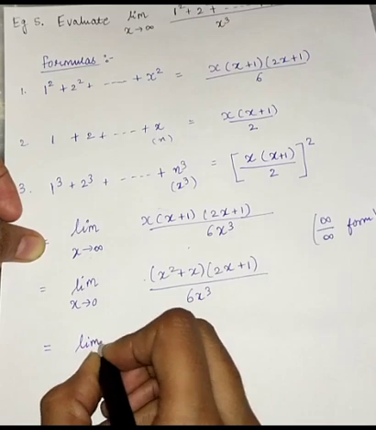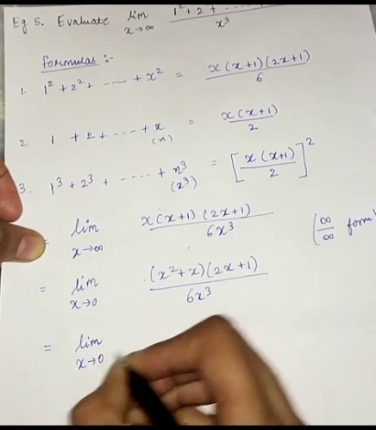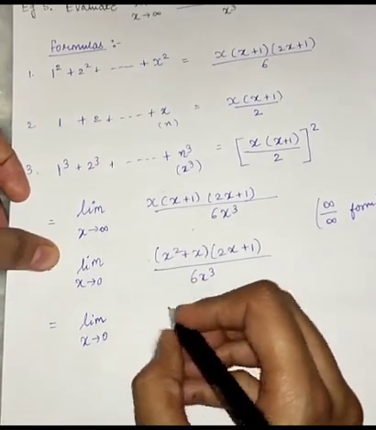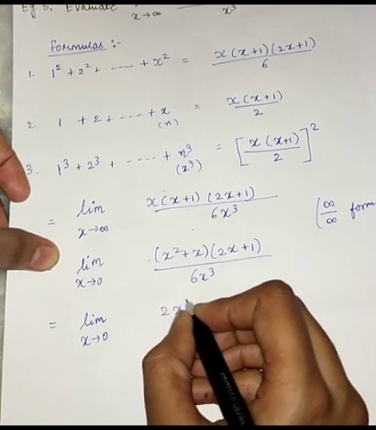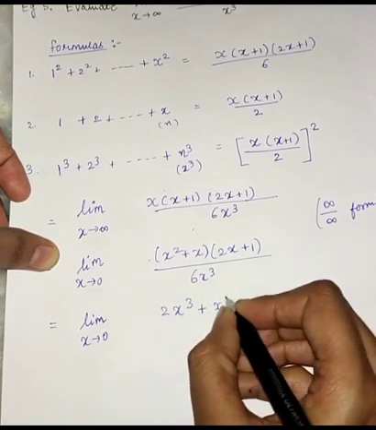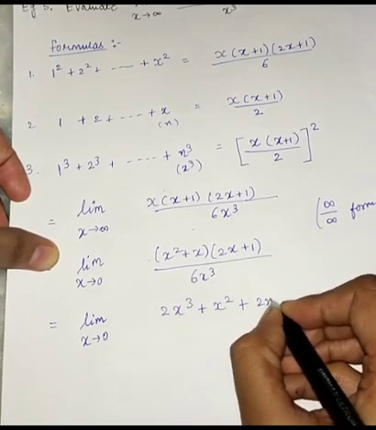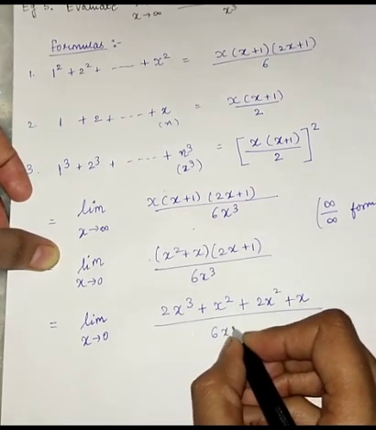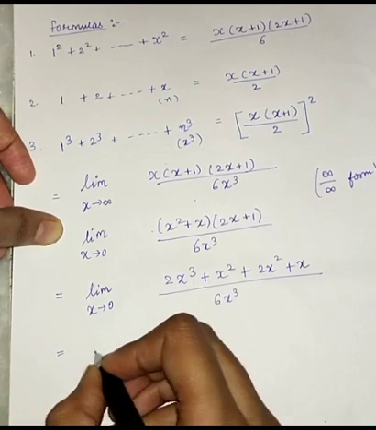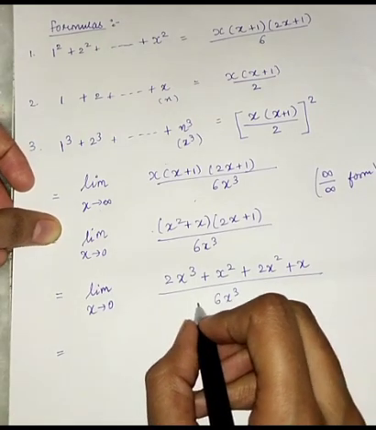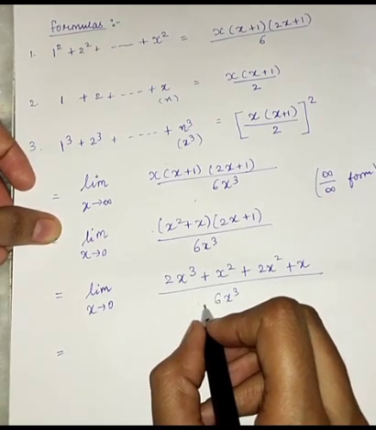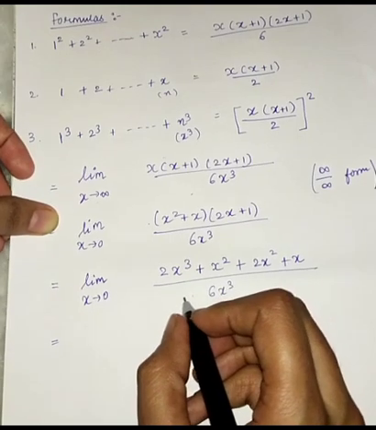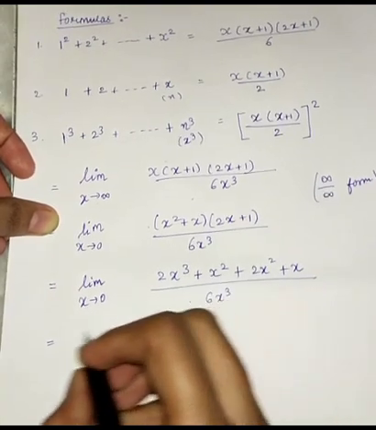So we will again multiply both the brackets. So we get 2x cube plus x square plus 2x square plus x upon 6x cube. Now we will differentiate this numerator and denominator part because this is infinity by infinity form.